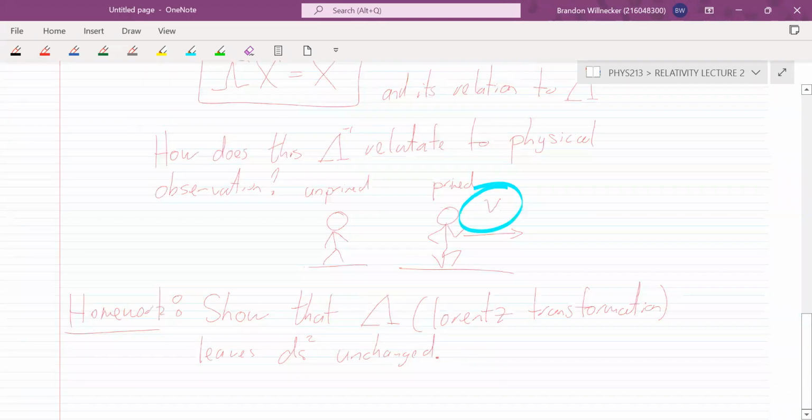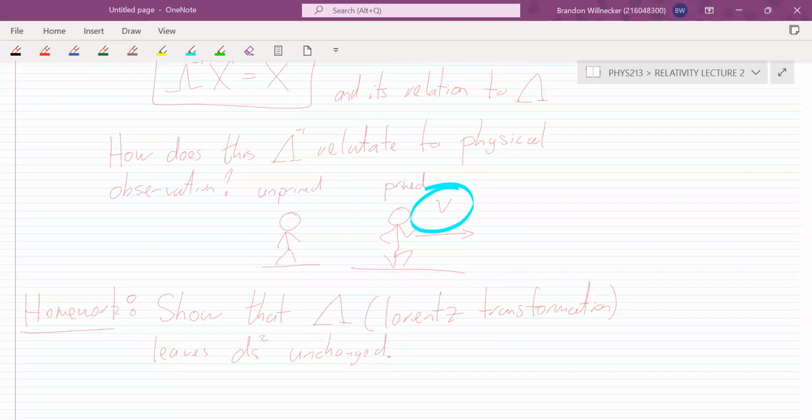In other words, ds squared in the primed system and ds squared in the unprimed system should be the same. So far I've just been saying that they should be the same, and I gave you a physical argument.